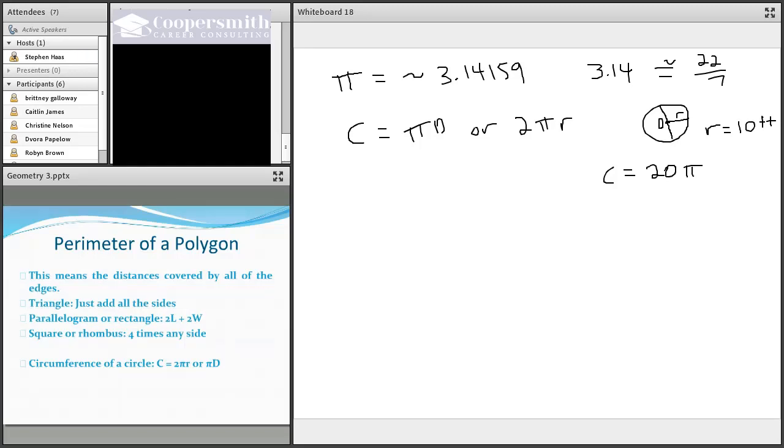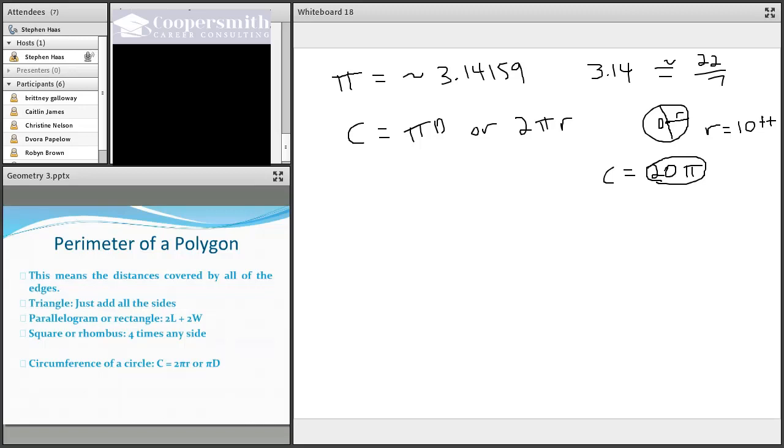20 times pi. Now, in general problem-solving, you can just leave it in terms of pi. You can just say your answer is 20 pi. If you're asked for a more precise number, just take 20 and multiply it by 3.14.